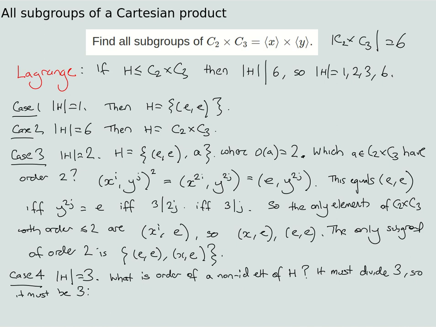Okay, on the other hand, if you have a non-identity element in H and that thing has order 3, then its first 3 powers, the identity, itself and itself squared, are all different, so they make up all of H. So that means H must actually be the cyclic subgroup generated by one of its non-identity elements.